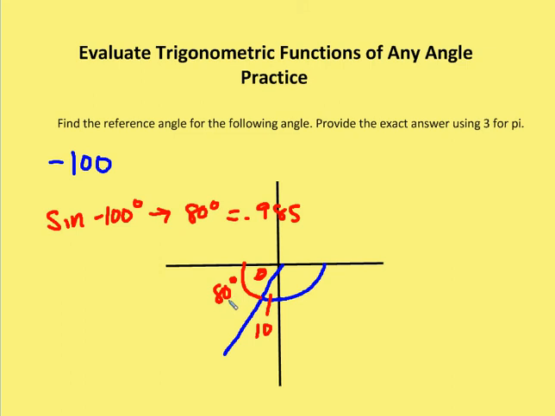Then we identify the quadrant that the angle is in. It's in the third quadrant, so we know that y is negative in this quadrant. We know that sine also must be negative, so we change the sign of the value to negative, and we have negative 0.985 for an angle of negative 100 degrees.